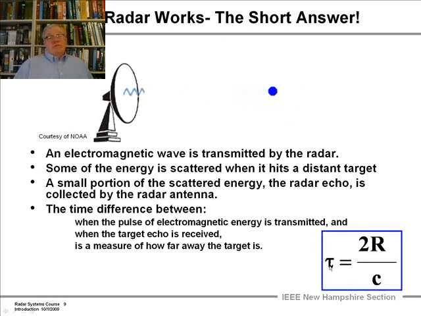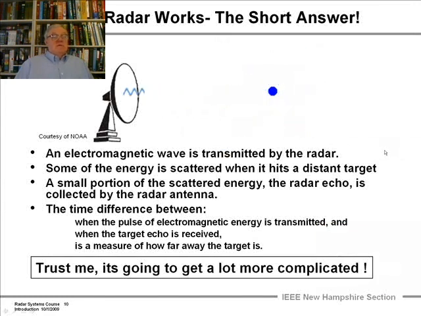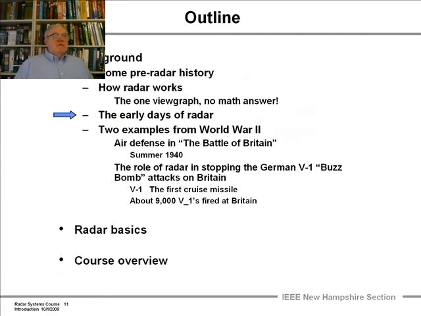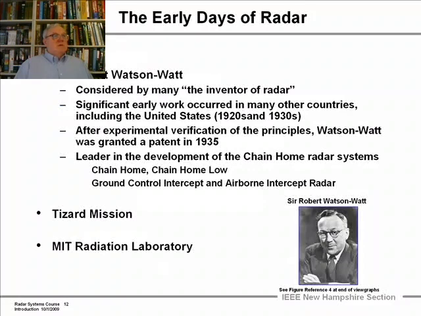And here's the equation. The round-trip time is twice the range to the target over the speed of light. Okay. Now, as I said, trust me, it's going to get more complicated, and that's why I gave you a preface up front. This is a very quick overview. Now let's talk about the early days of radar, how it all came about.